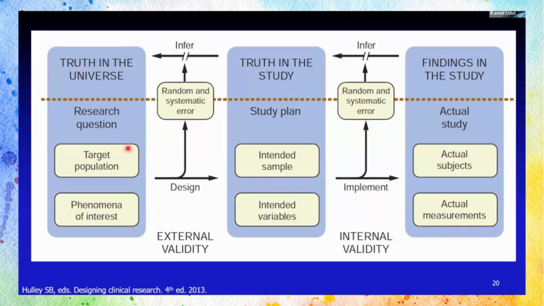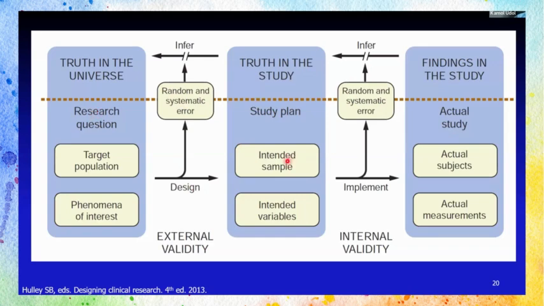But along the way, from question through actual study, there might be some error occurring through the process. When we design the study, there might be some random and systematic error that will make our study plan not correspond to our research question.